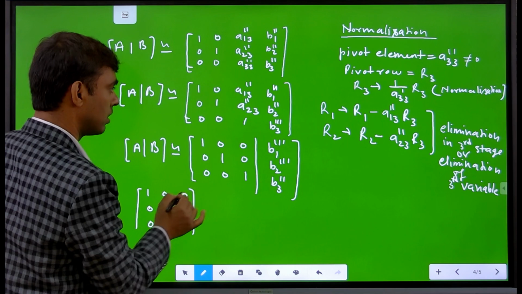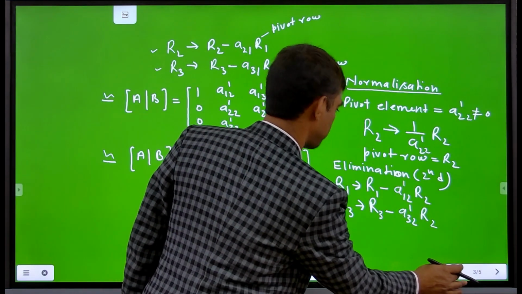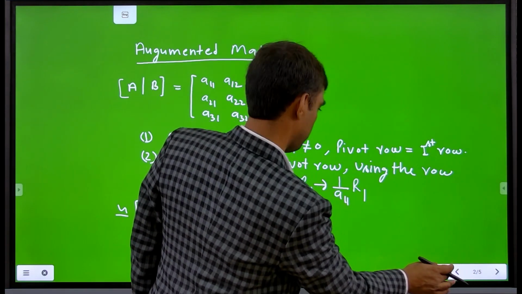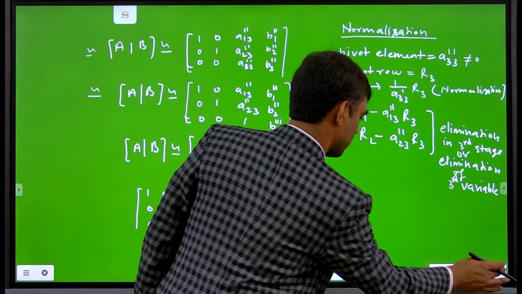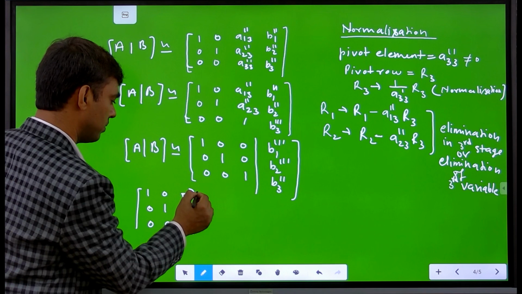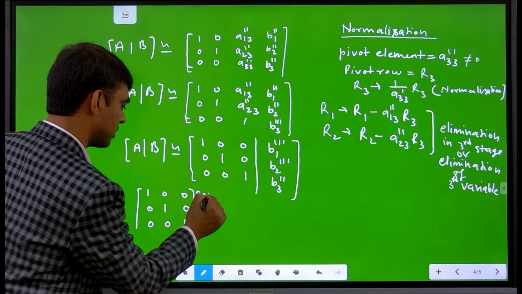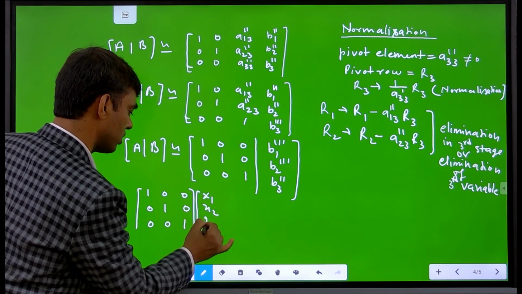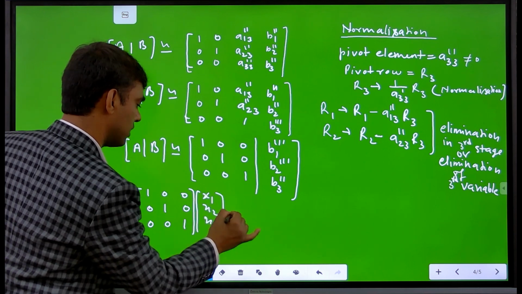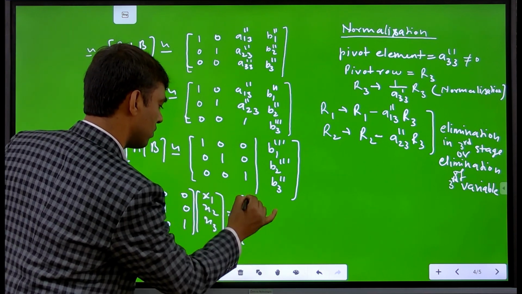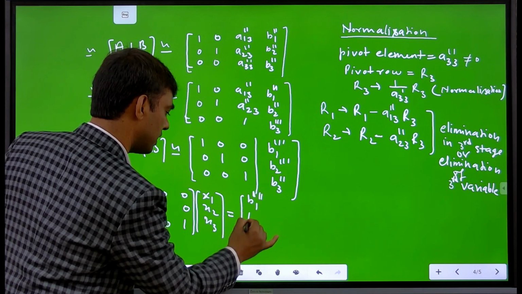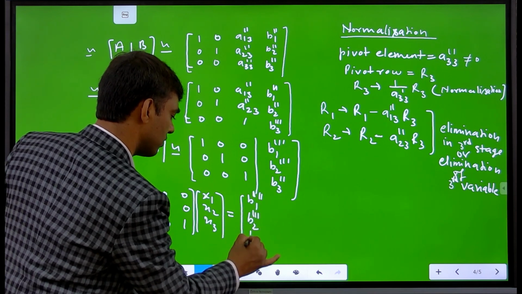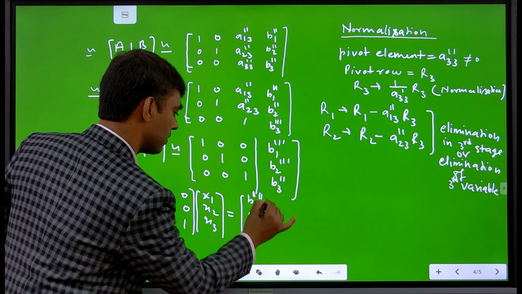What are the unknowns? x1, x2 and x3. So we write x1, x2, x3, and this equals B1 triple dash, B2 triple dash, B3 triple dash.